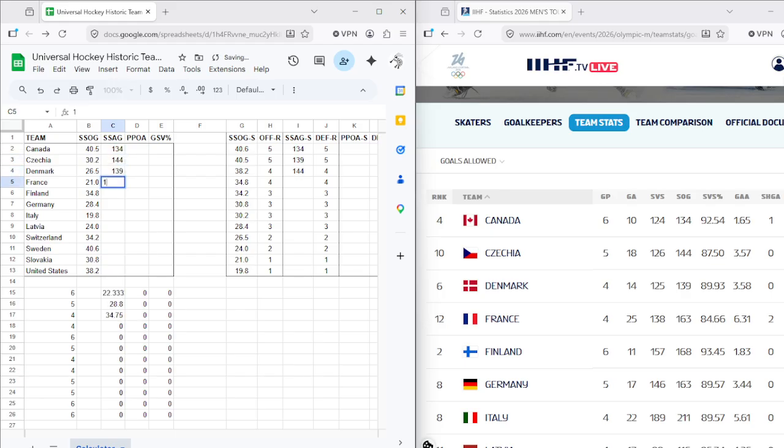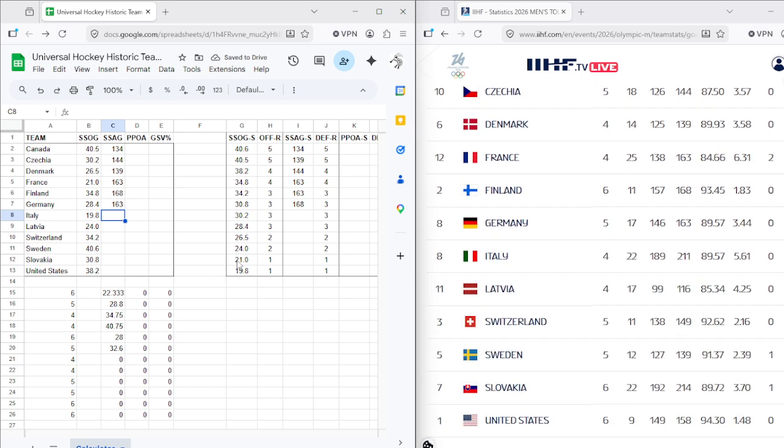139, 163 against for France, 168 for Italy, but remember they played more, or for Finland, but they played more games. Same with Germany with 163. Italy breaking the 200 barrier. Latvia 116. Switzerland 149, Sweden 139, 214 for Slovakia, and 158 for the United States.